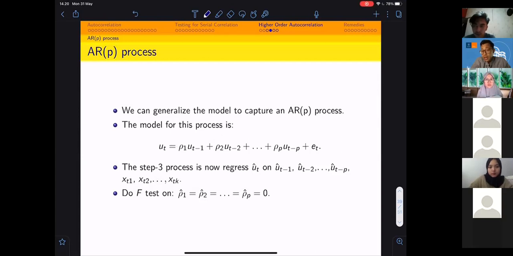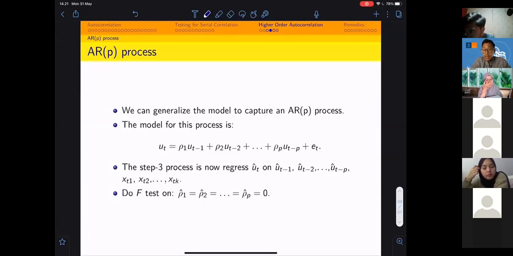So whether it's an AR1 process or an AR4 process, it's going to be determined empirically. So how do we determine empirically the lag length? We're going to show you in Stata after this. But again, in general, we can never know what's the structure of the AR in the beginning. So that's something that we need to look at empirically.